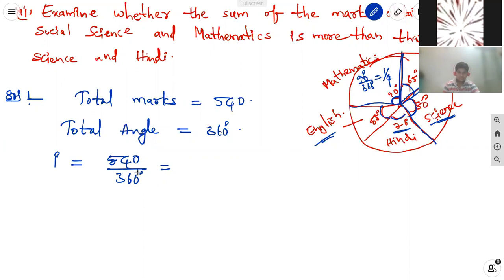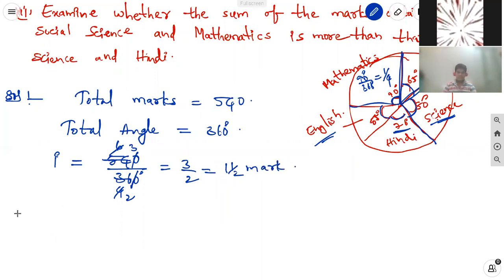Here the 0s cancel. 9 4s are 36, 9 6s are 54, 2 2s are 2, 2 3s are 3 by 2. 3 by 2 means 1.5 marks. 1 degree is equal to 1.5 marks.